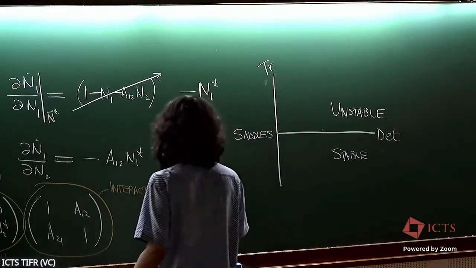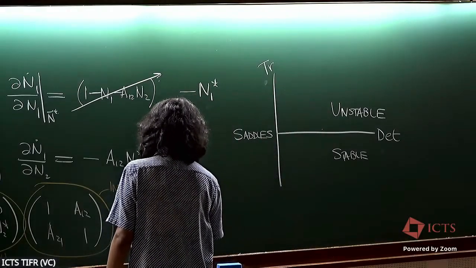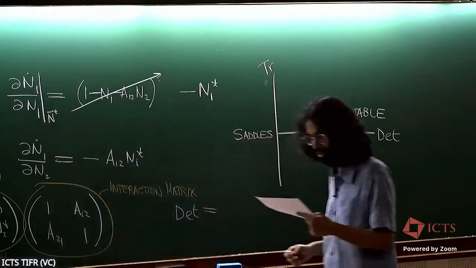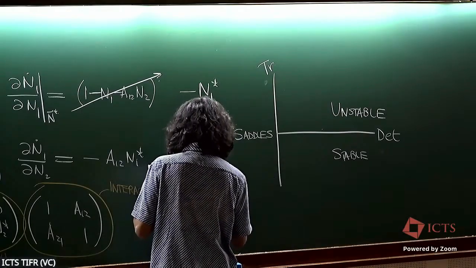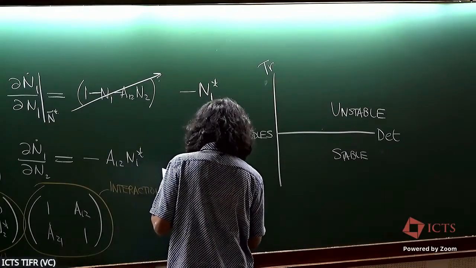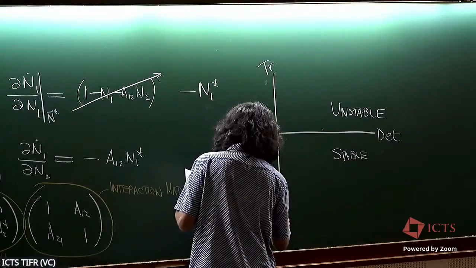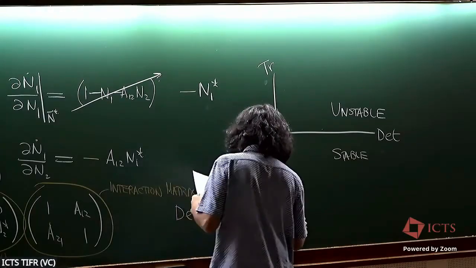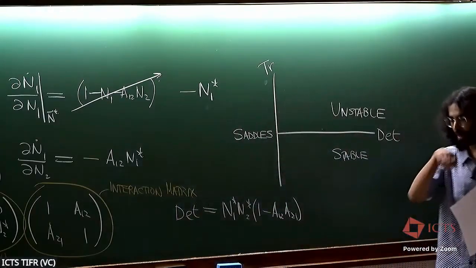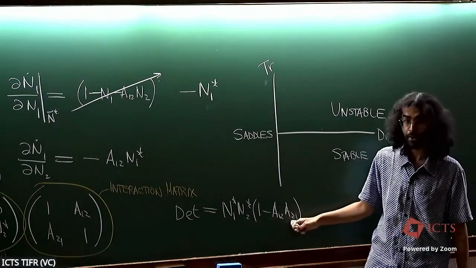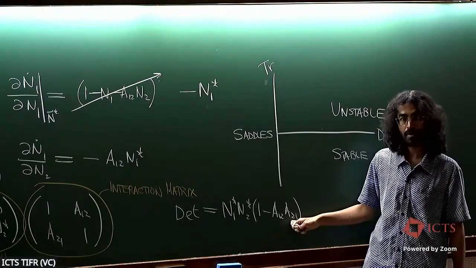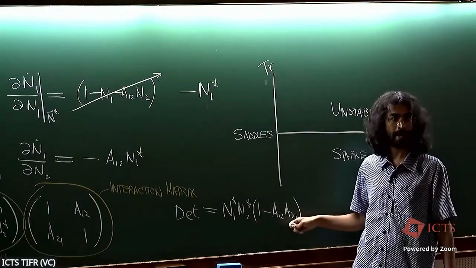What's the determinant of the Jacobian? Again, you guys are much better at algebra than I am, but if you do it out, you will see that it should be n1 star, n2 star times 1 minus a12, a21. Again, we know a12 and a21 are both less than 1, so their product will be less than 1.